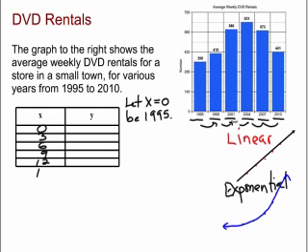And I believe I'm going to need another row to my table. And we can put in our y values: 350, 410, 580, 631, 573, and 421.